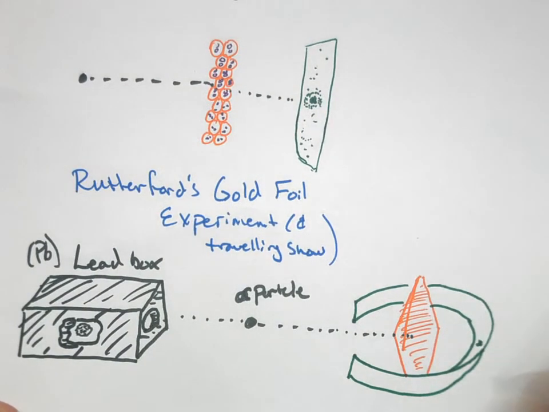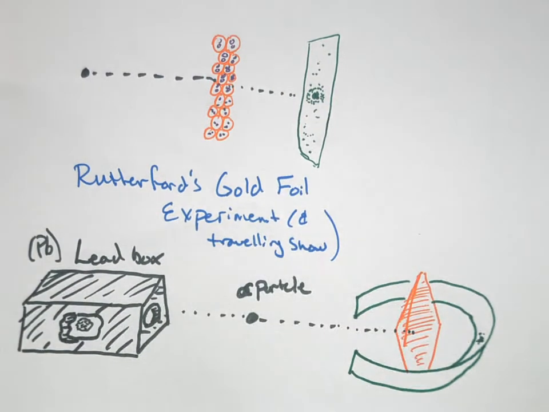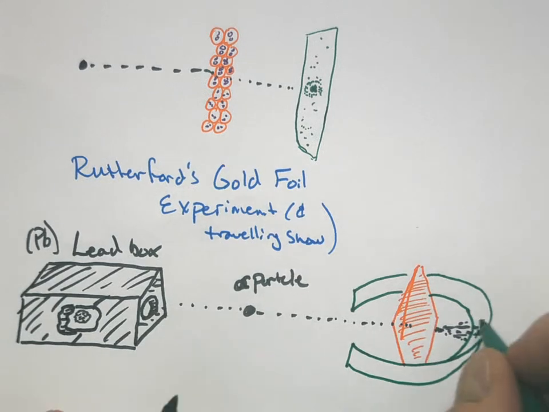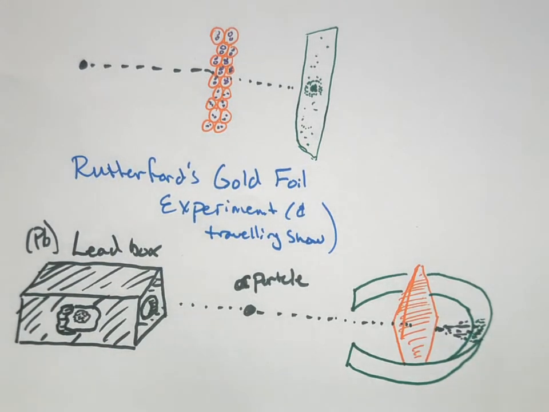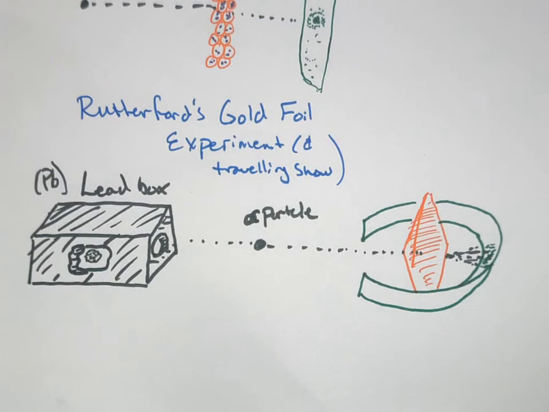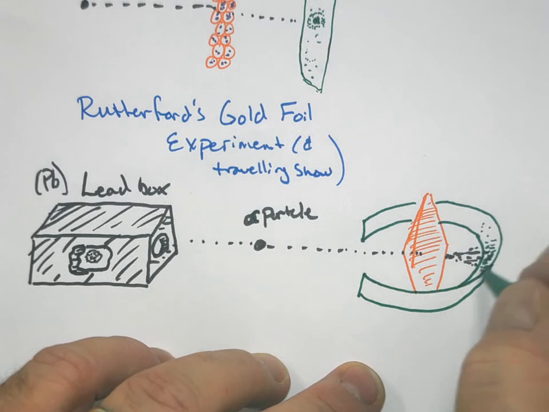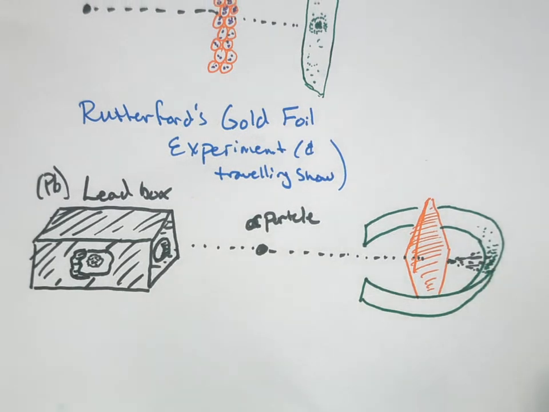We'd have this dot with a little cloud around it, which means most of our alpha particles were in this little spray around the center line of the beam. And as we move away, we get a little bit less, a little more fuzzy, until eventually it disappears.